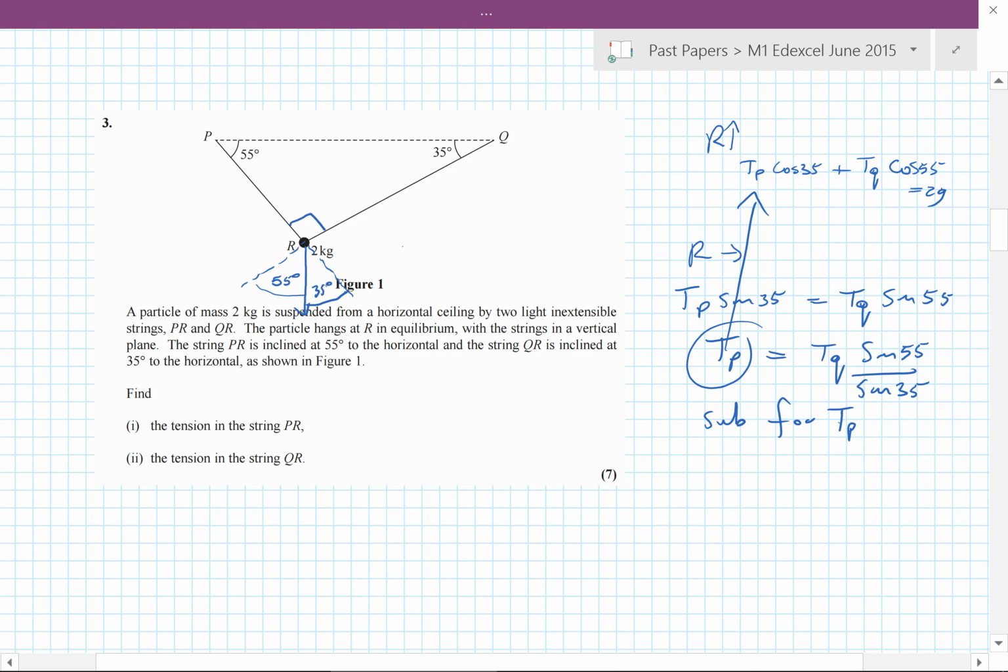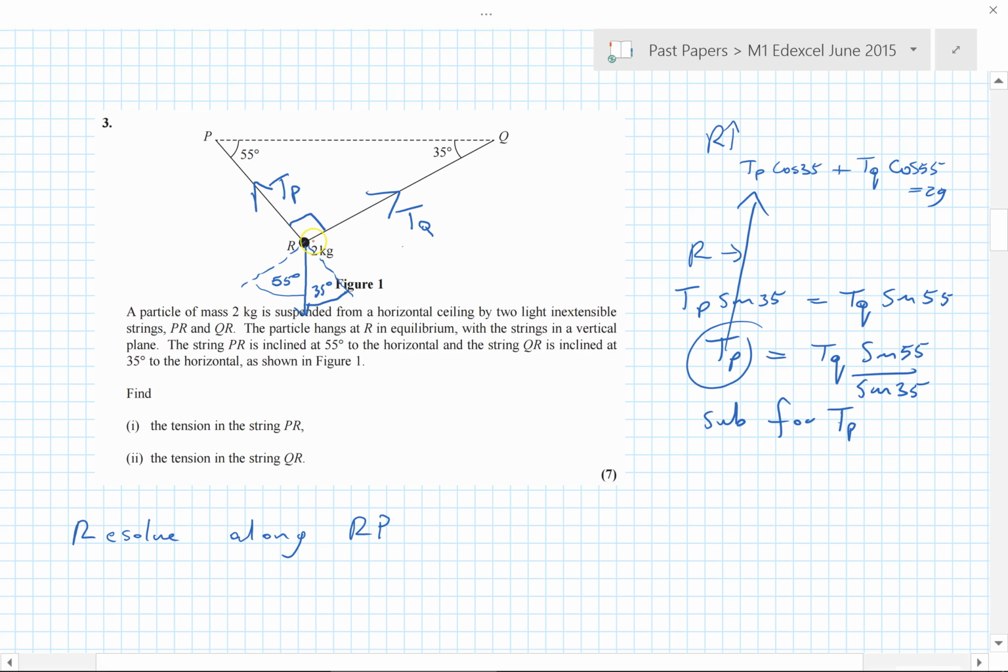So what we can do is resolve along TP, or any two perpendicular directions. The beauty of doing it this way is that TQ is not going to come into my equation at all, and I'm not going to have a simultaneous equation. All I'm going to have is the component of the weight, which is 2g, in that direction.